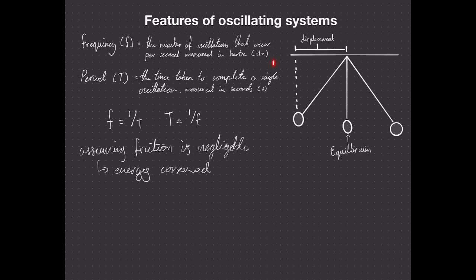That means when we have a displaced object, which will have EP, that potential energy will be fully converted into EK, which will then be transformed further into EP without any energy being lost, assuming friction is negligible or non-existent. So our potential energy will equal EK, which will again equal our potential energy.